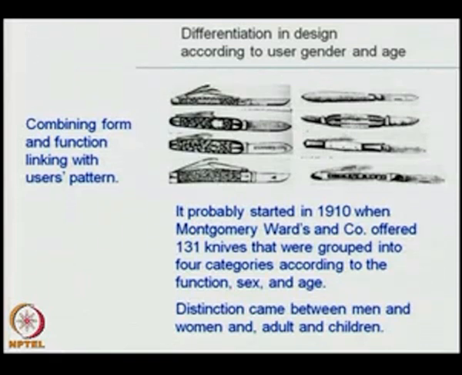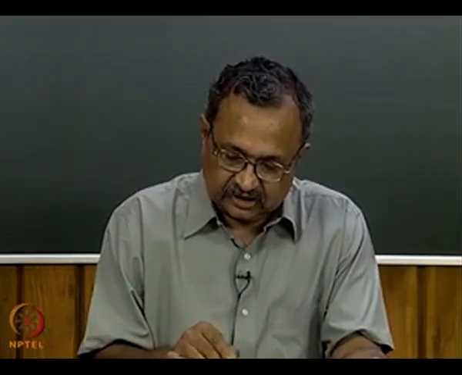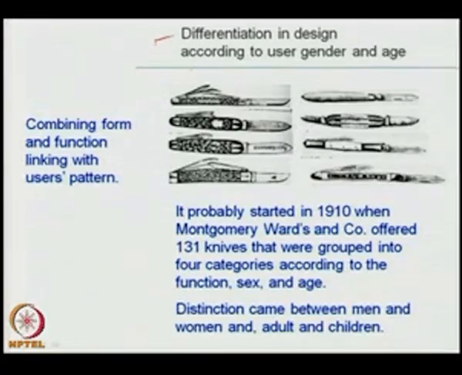Now, another thing comes: gender and age issues and design thoughts. Differentiation in design according to the user's gender and age. Now, there are some knives, and after looking at them it seems that a group of them are male types and female types.